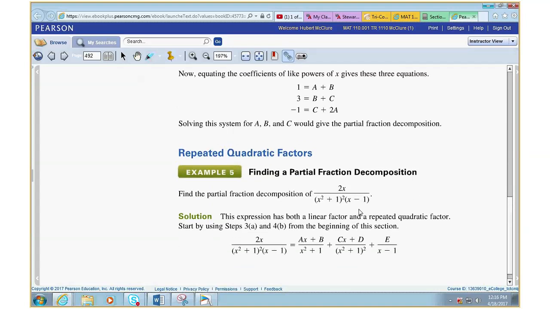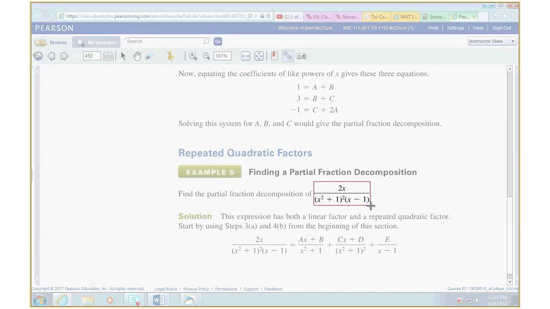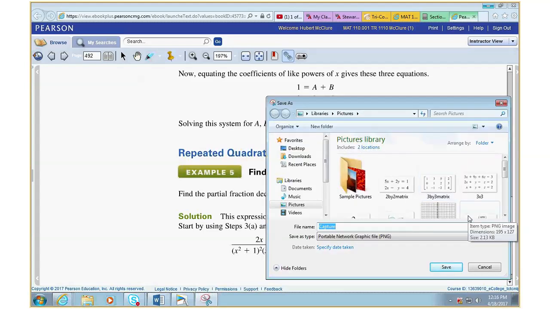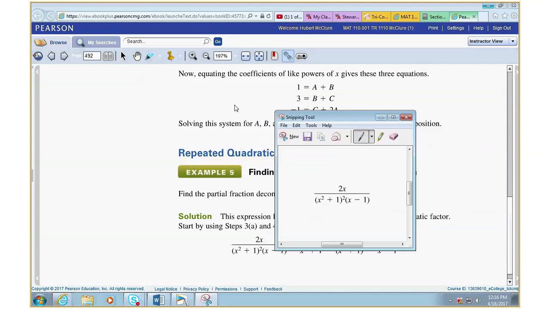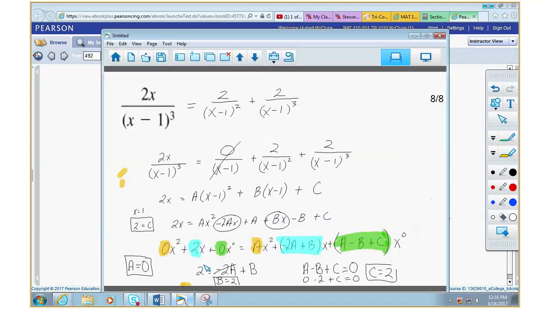All right, so let's write this one down.